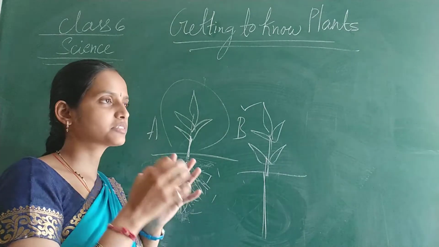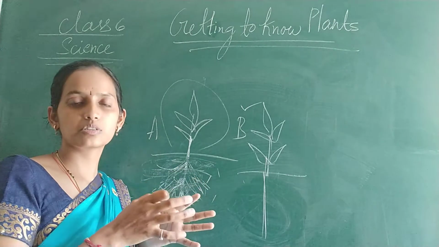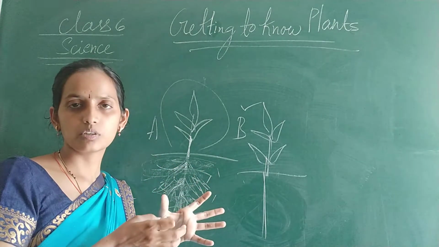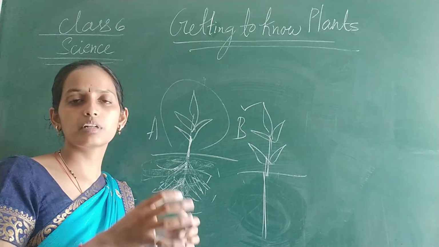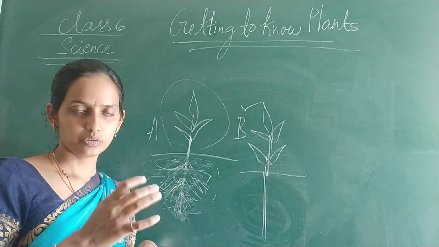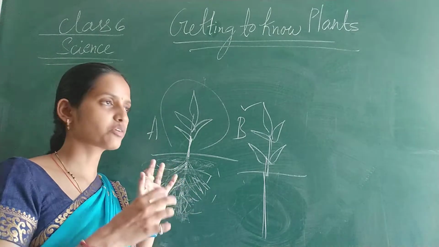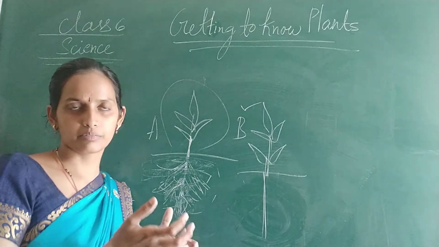But the root makes the plant stand and hold properly in the soil with support. So the root is very important for the plant to be stable, stiff in the soil, or to stand upright, okay. With that only it is standing properly. So the basement is strong, right?